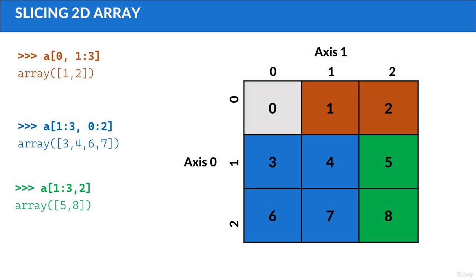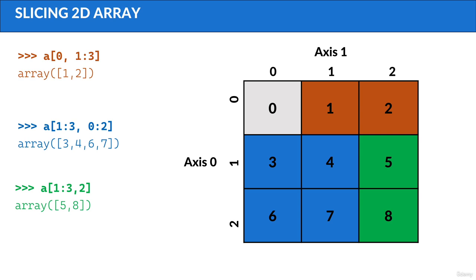To help explain this, let's have a look at this PowerPoint slide, which shows a few different examples on slicing a 2-dimensional array. And our array here has got 9 numbers going from 0 to 8, with 3 numbers in each row. Along the top, we have our column index numbers, and then going down the side, we have our row index numbers.